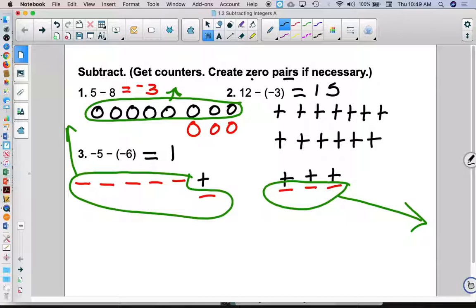Now, it says take away or minus, so at minus, flip it around, because you're going to go the other direction. -6. Where are you standing? You're standing on 1. Go sit down. Does it make more sense now?